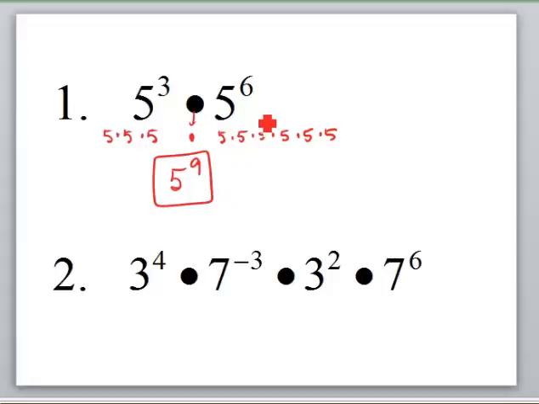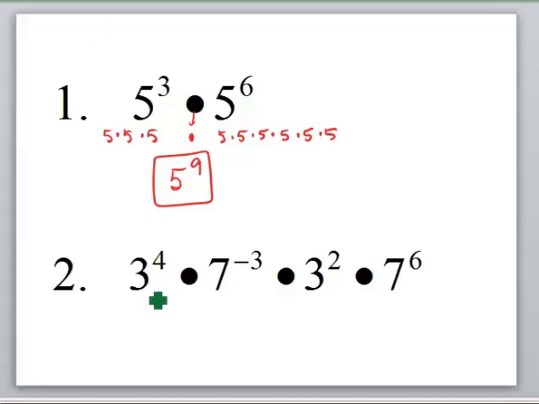Now if we just learn that rule and keep it in our head or think about it logically, we can just go directly to our answer of 5 to the 9th. Because of how large 5 to the 9th really is, I am not going to multiply out 5 times 5, 9 times. So I'm just going to leave my answer as 5 to the 9th. Most of the time I will go ahead and say what that answer is.